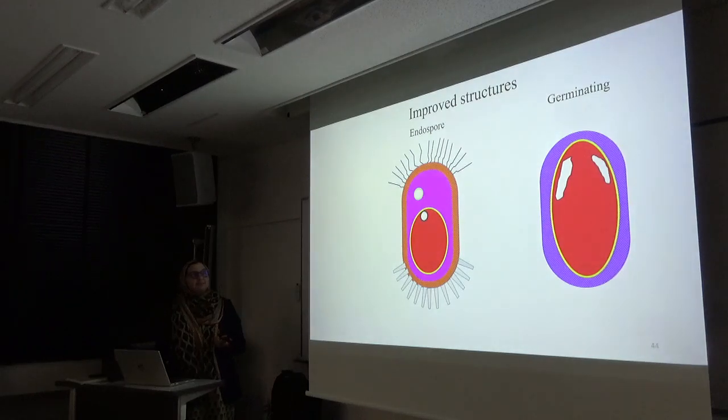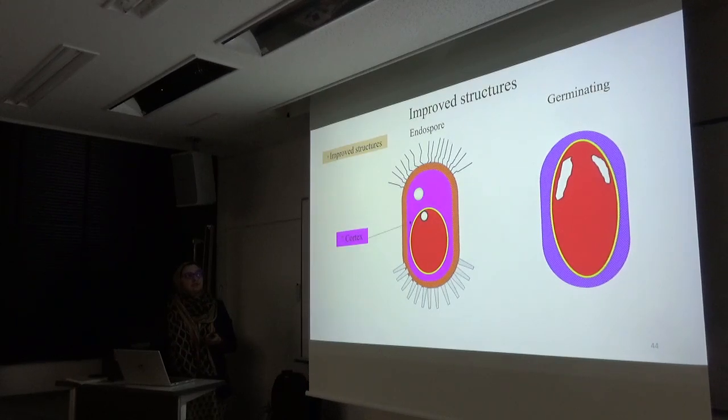Next, besides these new structures, I could also see improved structures. One of them is the cortex. The cortex is very important as it is involved in the protection of the core. It is believed that the cortex provides protection to the core and is involved in the dormancy of the core.